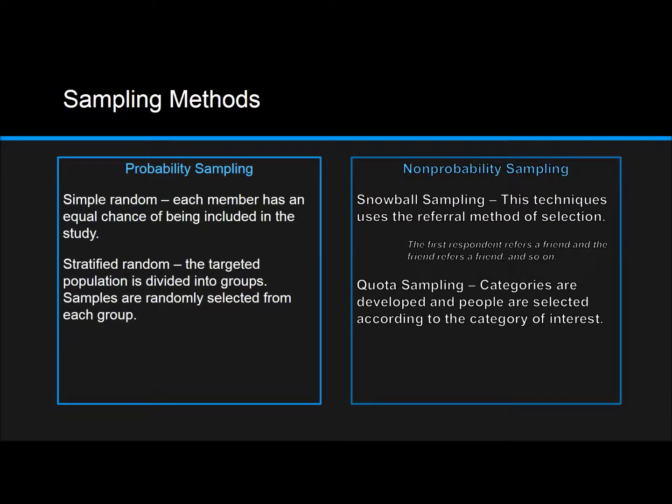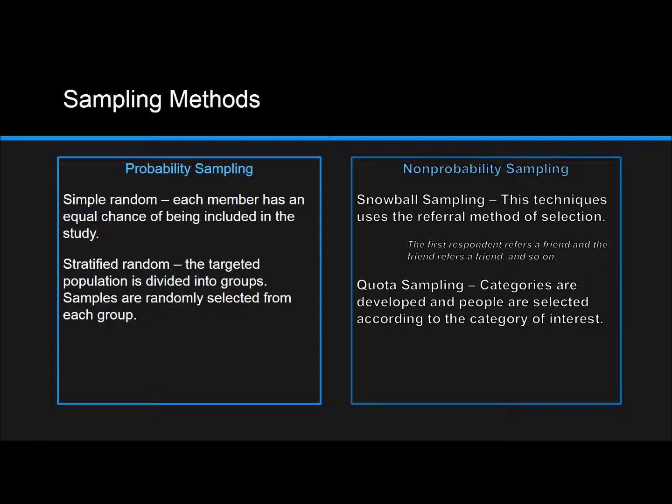Sampling methods can be divided into two different types of sampling: probability sampling and non probability sampling. Probability sampling refers more to random types of sampling methods, whereas non probability sampling refers to a non randomized method of selecting individuals.